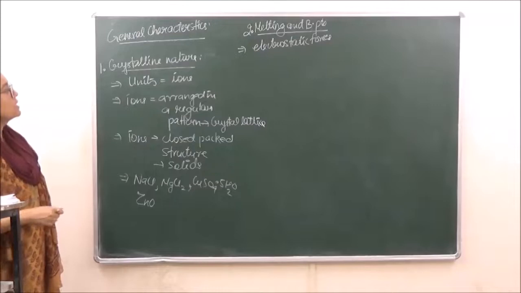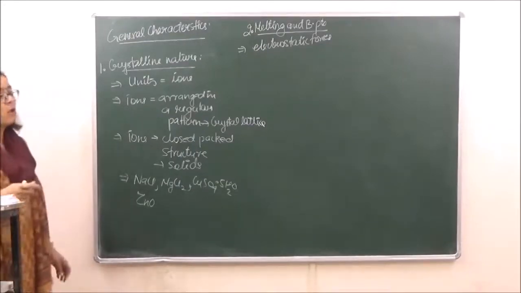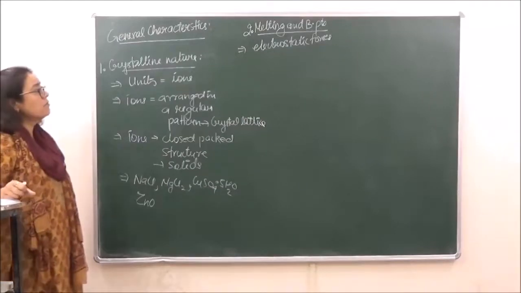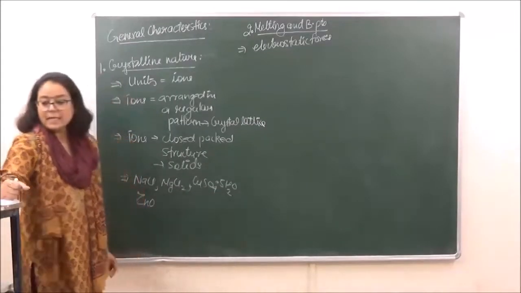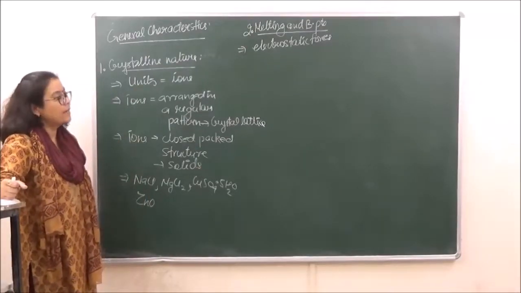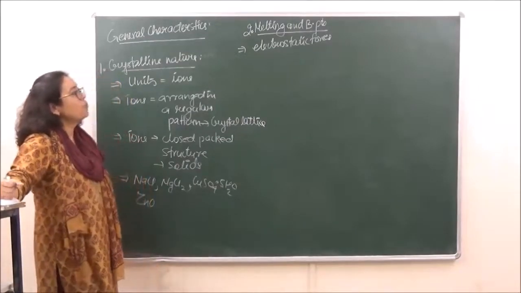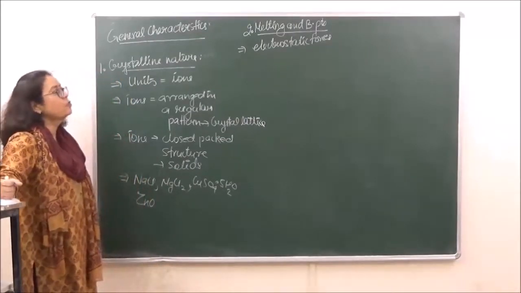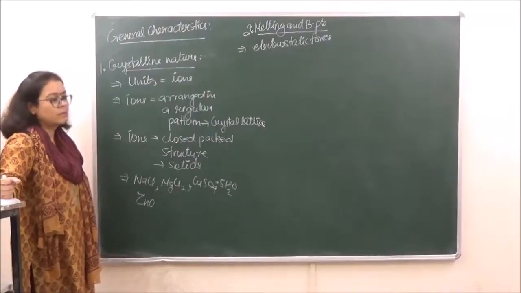So their positions cannot be altered by just applying small forces. We have to give a lot of temperature for the ions to break. As a result, ionic compounds have high melting points. Okay? Because electrostatic forces of attraction are one of the strongest forces of attraction present between constituent particles, right?